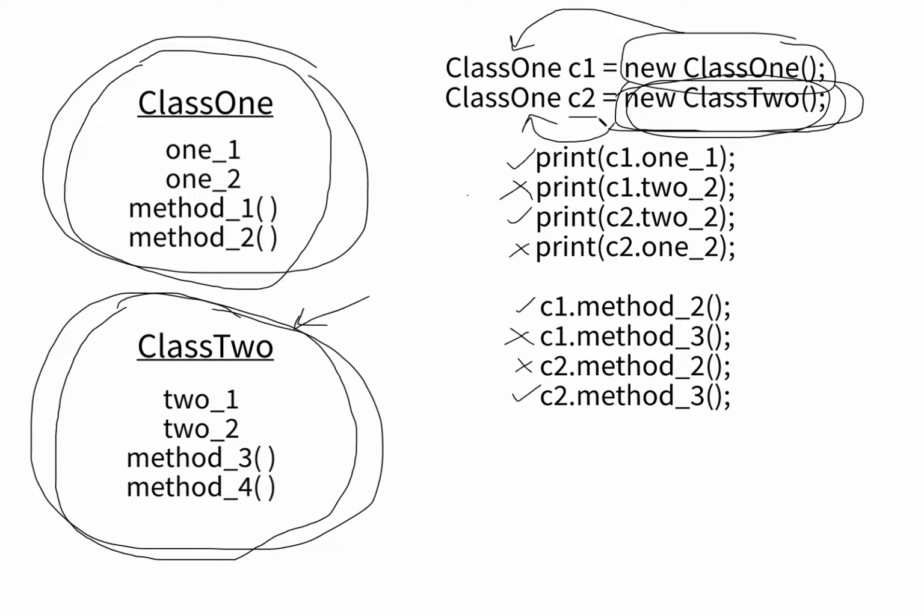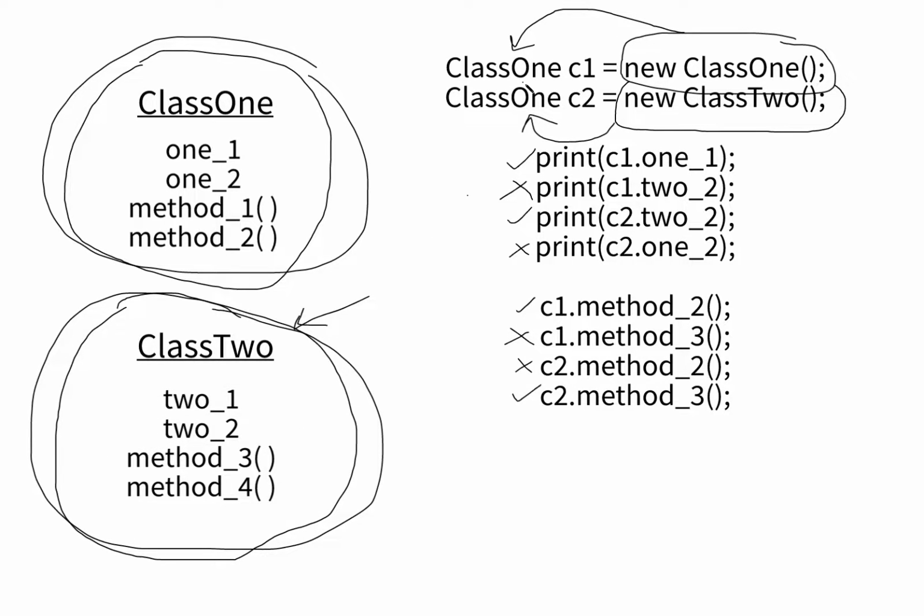So this C2 variable does not have any of these instance variables, and it doesn't have any of these methods either, because we stuffed it into a variable that can store class 1 objects. So we typecast it. It's like stuffing a triangle into a mold that's type square, right? You cut off all the arms of the triangle when you do that, right? And you're just left with the square. So you're losing all the unique instance variables and methods of class 2.